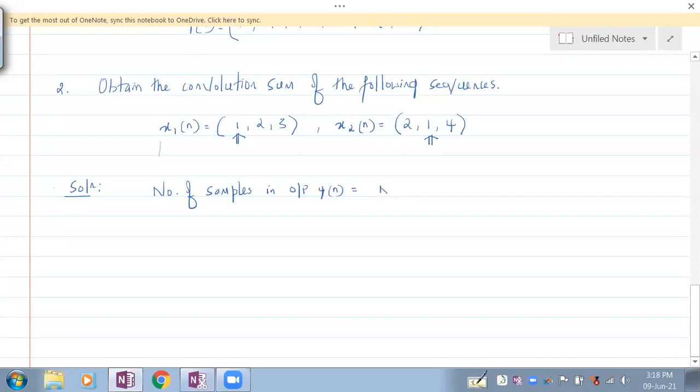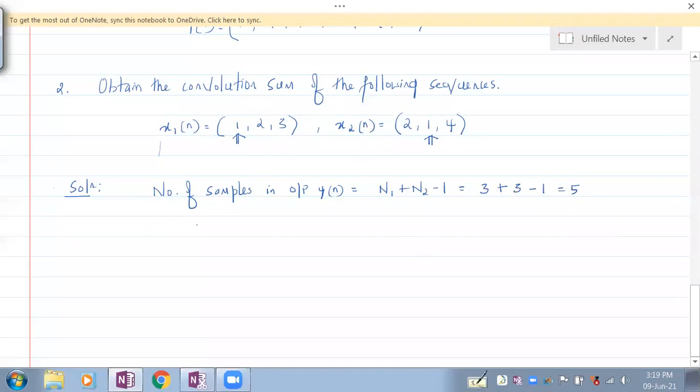It is n1 plus n2 minus 1. What is n1 here? n1 is 3, the length of the first sequence. n2 is also 3, the length of the second sequence, minus 1. So the output y of n, the convolution sum sequence, should have 5 samples is what we understand from this.